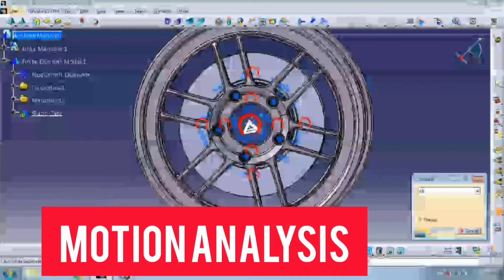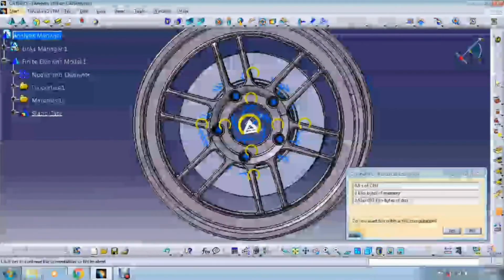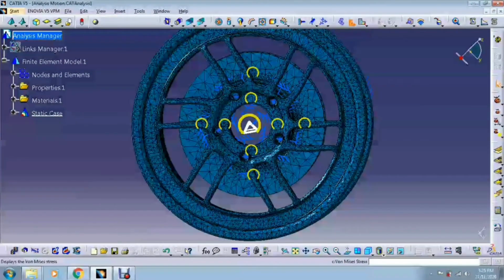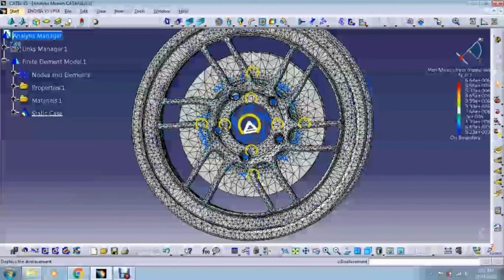After we set up all the required information, we compute the data to do the analysis for motion movement. After that, we get the result.